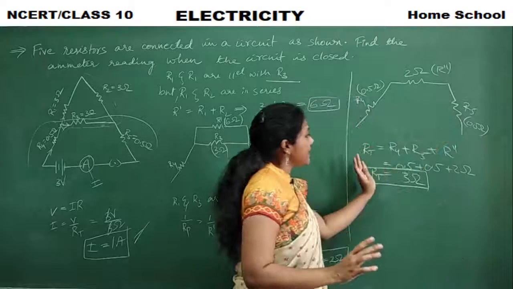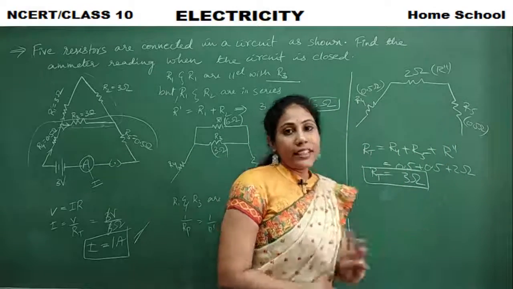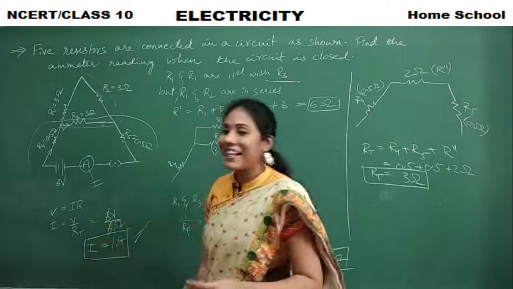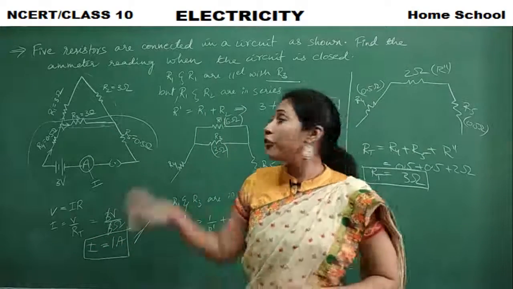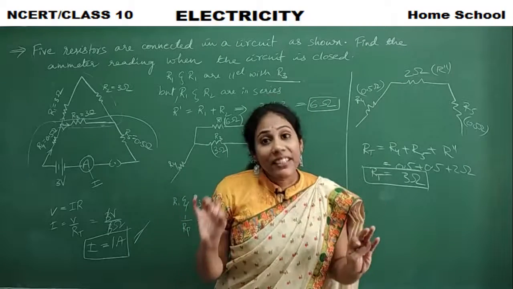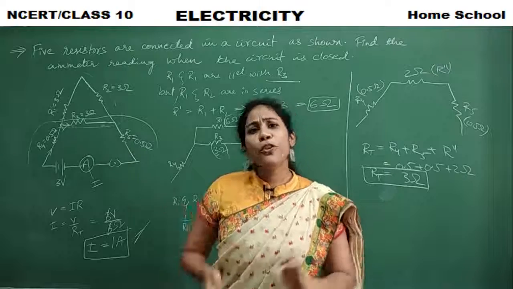So to calculate the total resistance, we added all the 3 and we got 3 ohms as the total resistance, applied Ohm's law, substituted and calculated the total current flowing in the circuit. Okay, so you have to be very, very careful when such problems are asked. Let us move on to some more questions.